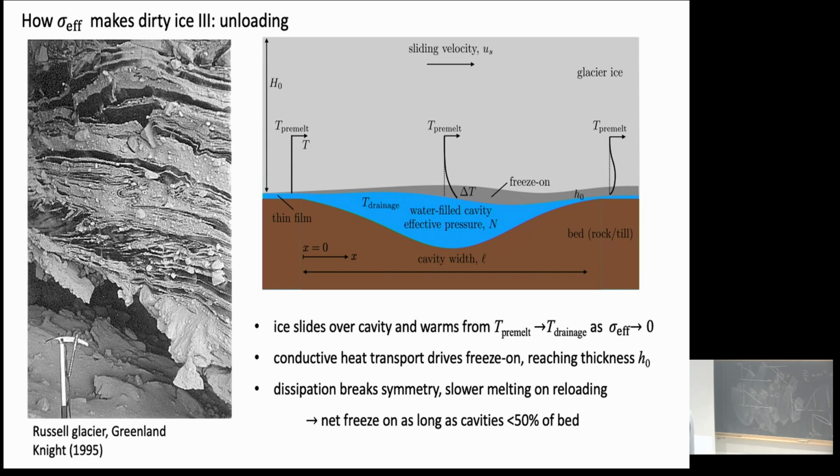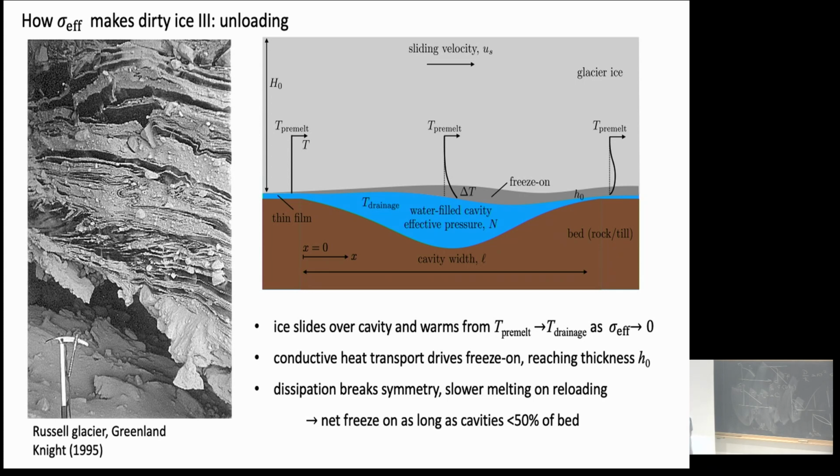And it increases, importantly. So here, this is the equilibrium temperature. Here, schematically, it's a little bit higher. So that means that there's heat transport. It's going upwards, and we freeze on a little bit of material. And by the time we get to the other end of this cavity, we have some thickness here. And then the temperature gradients reverse, and we're going to melt this material off. However, because some of that heat has been transported upwards, and because the diffusion equation is, after all, not reversible, this process of freezing on and melting off is not reversible either.